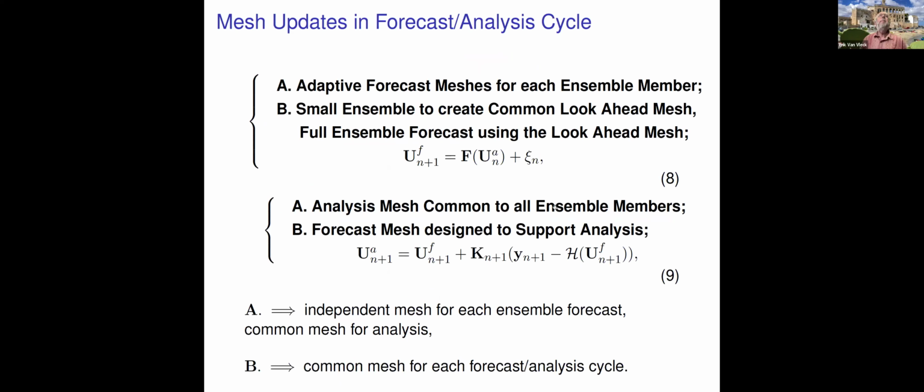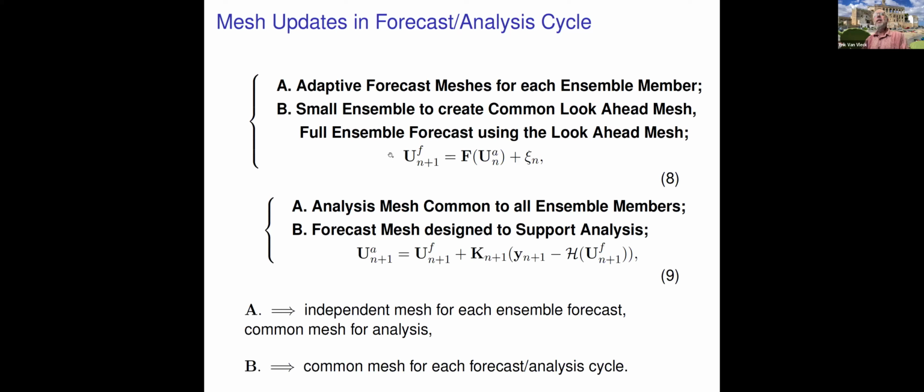Okay, so here's a little schematic. In our earlier work, we took the approach that I'm labeling with an A. Each ensemble member had its own independent forecast mesh.